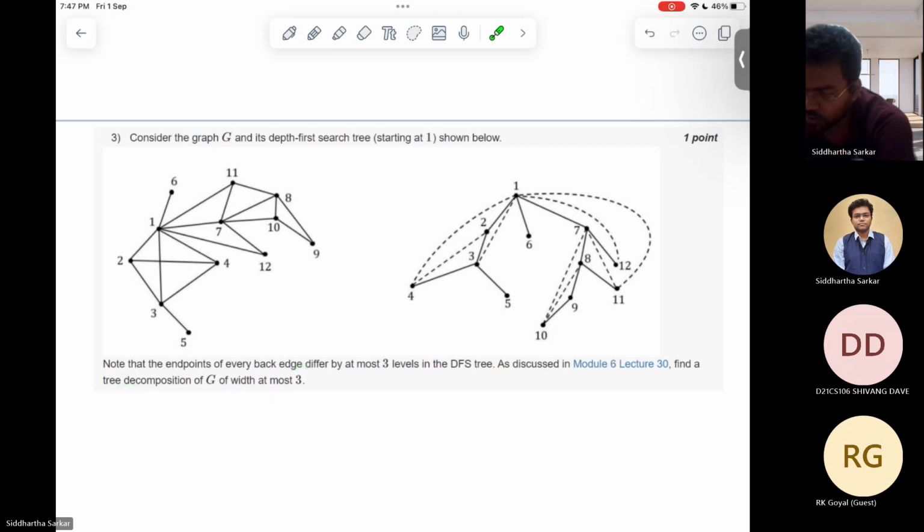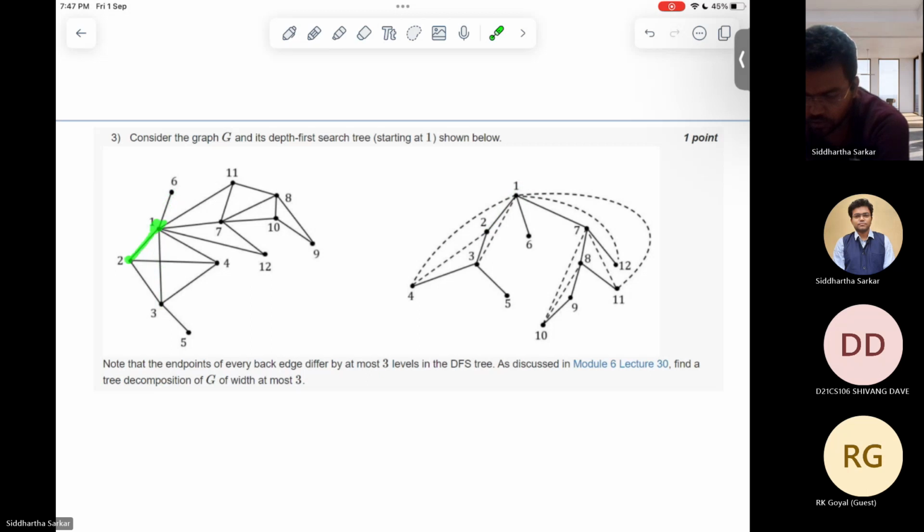So the DFS tree has to start somewhere. So that is the root. So it is starting at 1. See, the DFS tree is not unique. You can have many different DFS trees. So starting at 1, the neighbors of 1 are 2, 6, and 3. So you first go to 2.